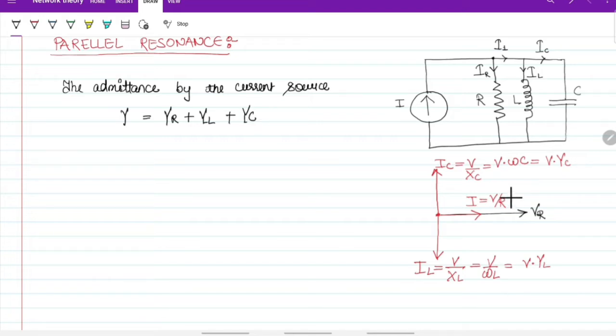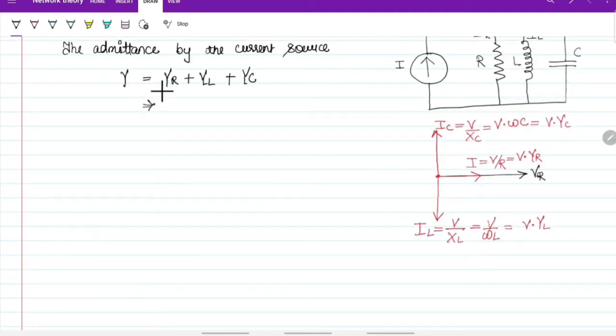Or you can also write here V into YR. So YR can be represented as 1 by R, plus YC. YC is represented as omega C, right? YC is omega C.